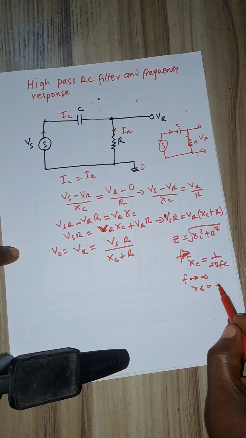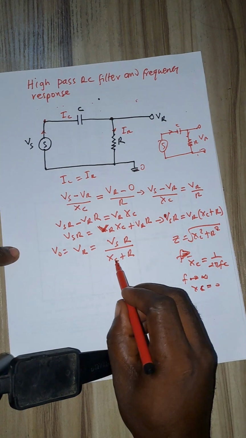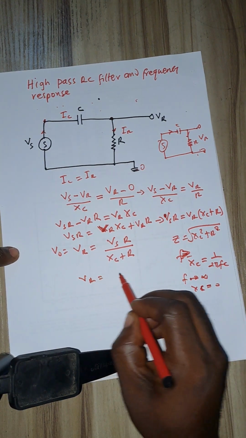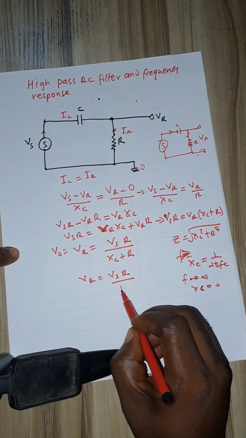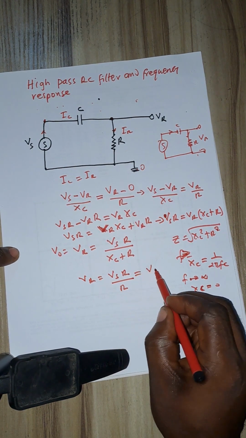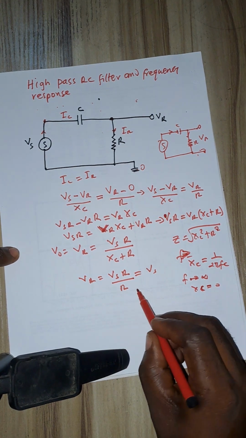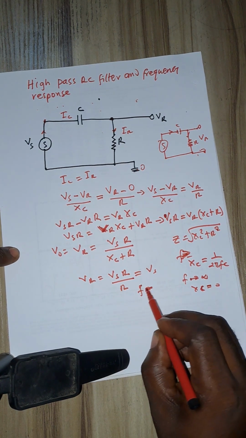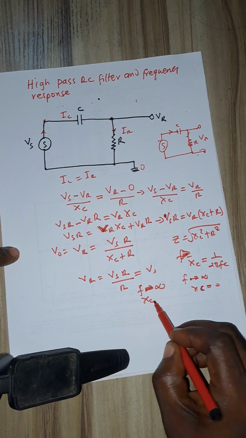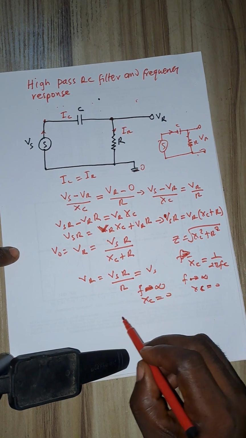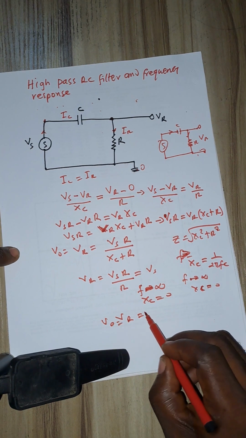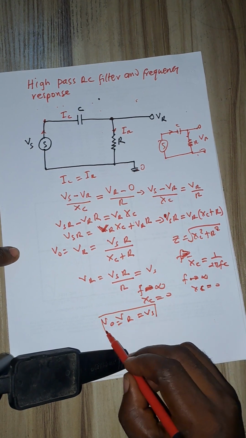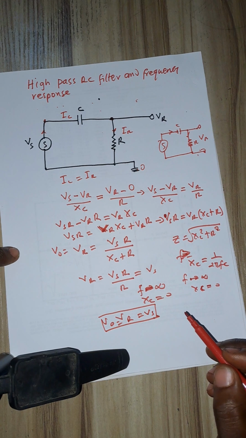See that? If Xc is 0, it means that VR equals Vs R over R, so you have Vs. So if F is large, capacitive reactance is 0, so VR, or V output, becomes equal to Vs. So there is passage of signal.